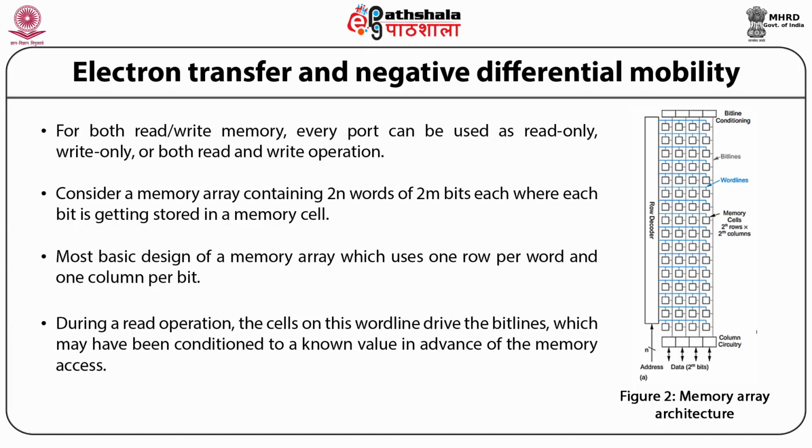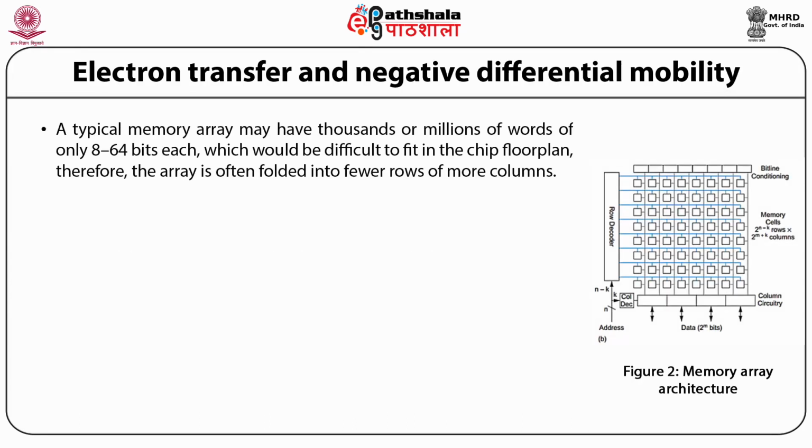So in order to detect the data, column circuitry is utilized by employing amplifiers or buffers. A typical memory array may have thousands or millions of words of only 8 to 64 bits each, which would be difficult to fit in the chip floor plan.